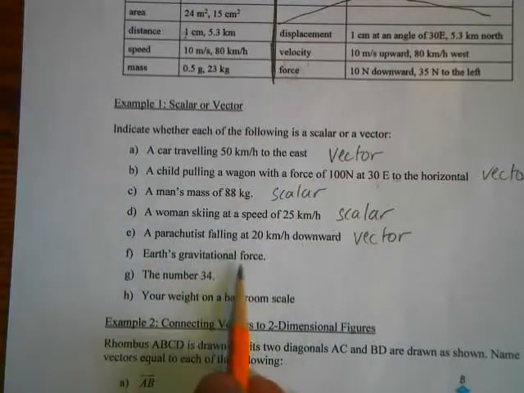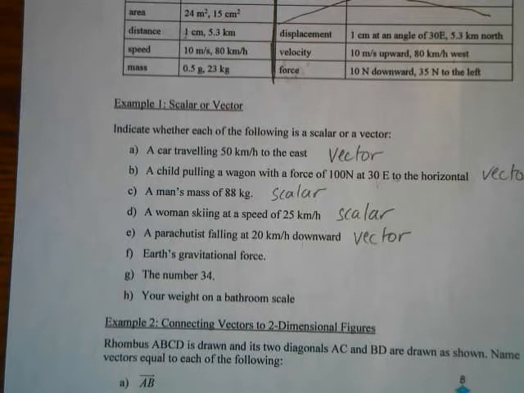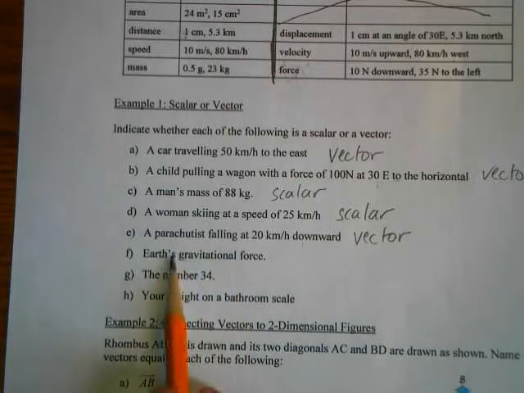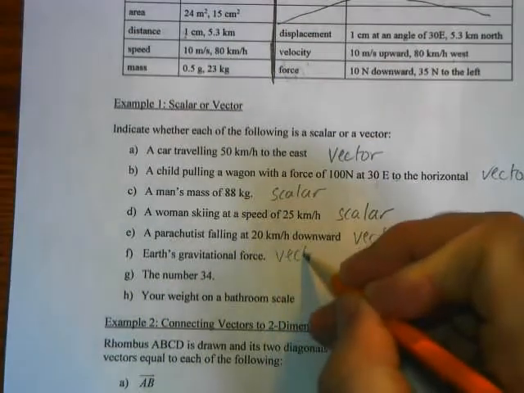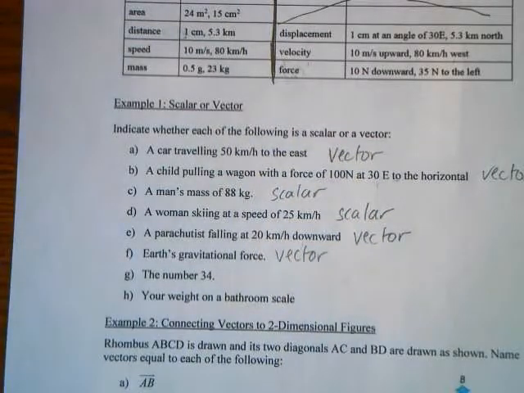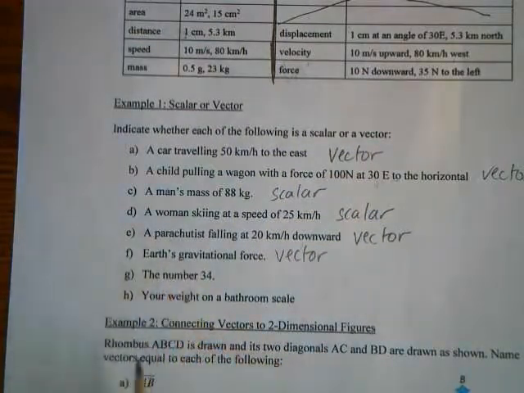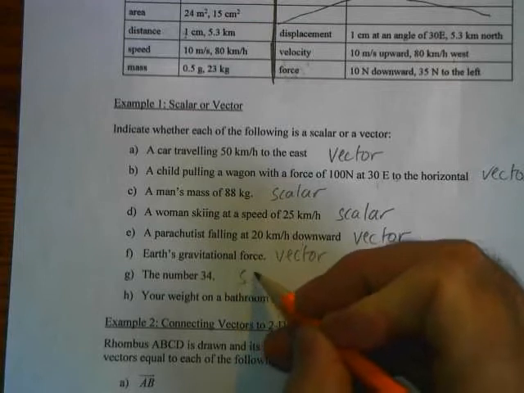Okay, this one's not quite as obvious. Gravity implies a direction of downwards, and the Earth's gravitational force is actually a numerical number, so this is actually a vector, because it's got both direction and magnitude. The number 34, pretty obvious, that's a scalar.